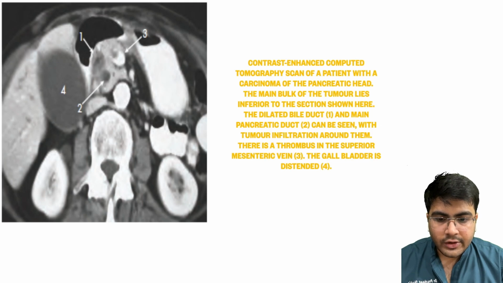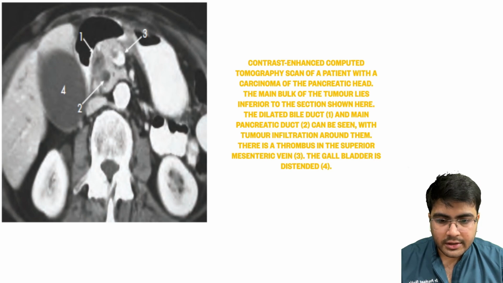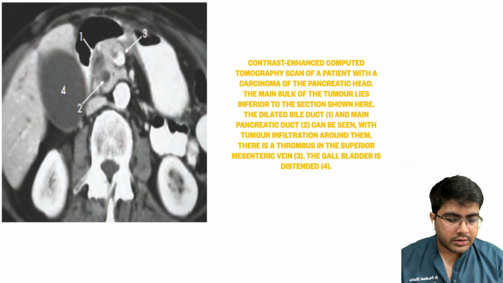Okay, so here you can see the gallbladder fundus and not the cystic duct. Okay, so the 4 is marked as the distended gallbladder. Okay, so as we move down, we are able to identify the structures. So in that way you identify, you plan, and you discretely delineate all the structures you found out.